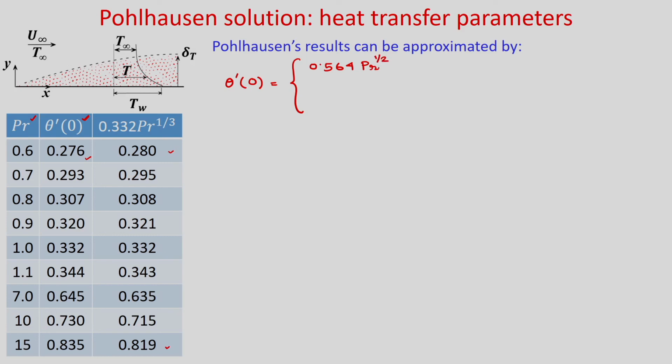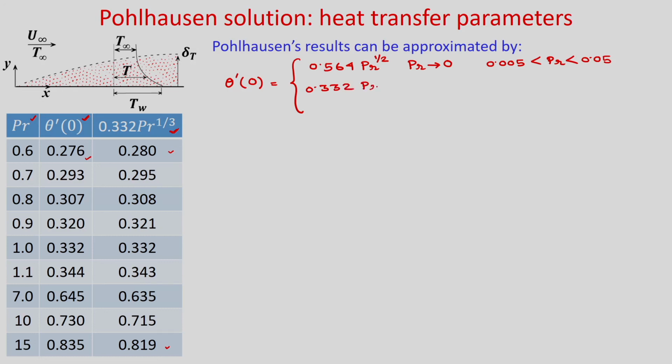Generally it will be valid in the range of 0.005 less than Prandtl number less than 0.05. Then in the range 0.6 to 15, this is the approximation.